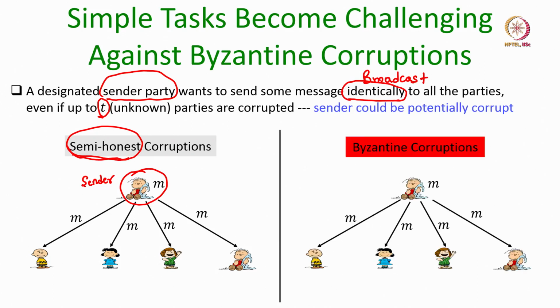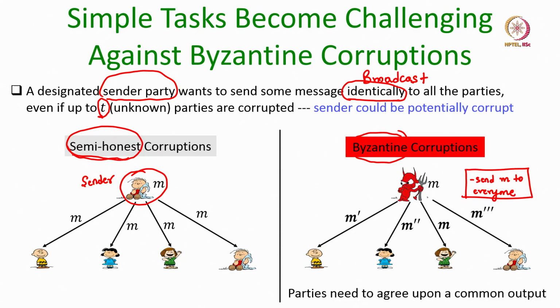But now, if I consider the same protocol, the same one line code, send m to everyone. Suppose this is the protocol code, and now if we execute this protocol in the Byzantine corruption model, where the sender could be potentially corrupt, then it can do the following: to different parties it may send different versions of its message, because it need not follow the protocol instructions, because we are now assuming a Byzantine corruption model.